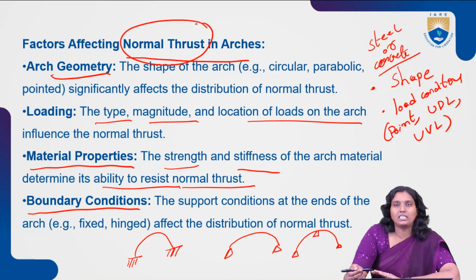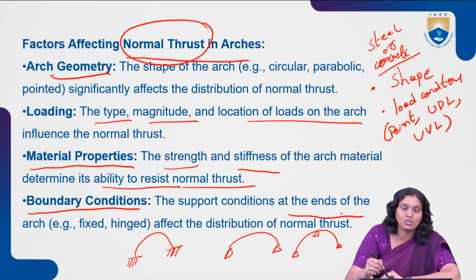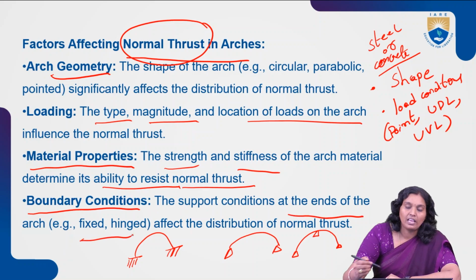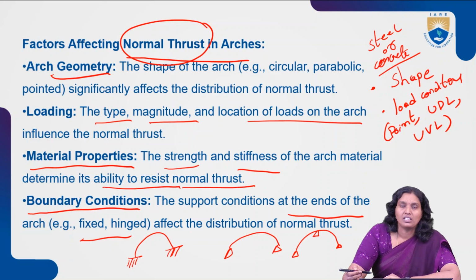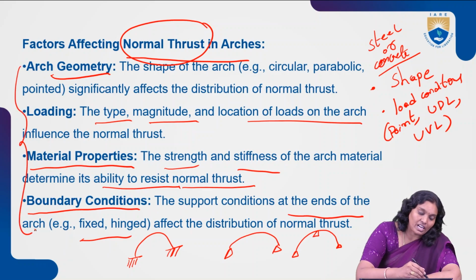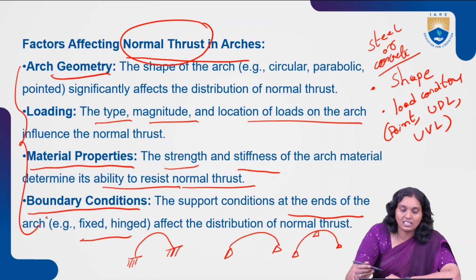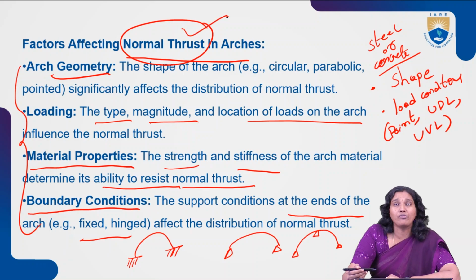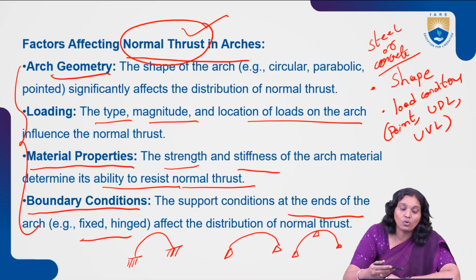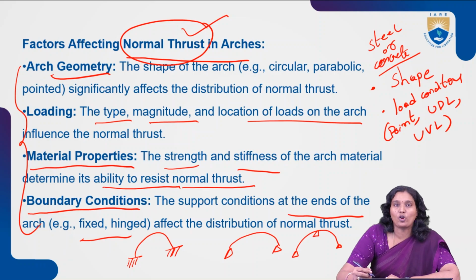This boundary condition, the support conditions at the ends of the arch, for example fixed or hinged, affects the distribution of the normal thrust. These are the various factors involved in understanding the normal thrust.